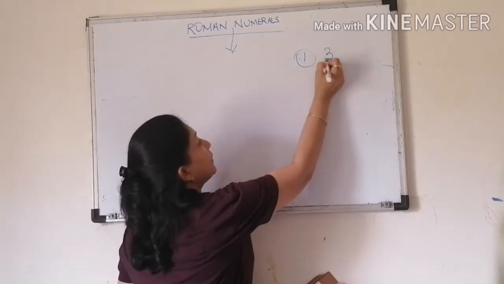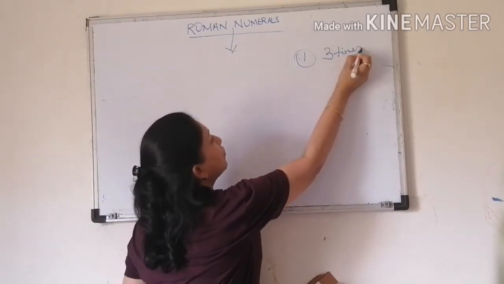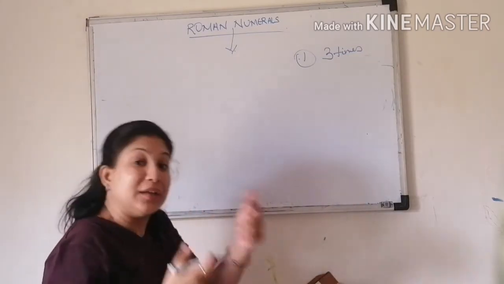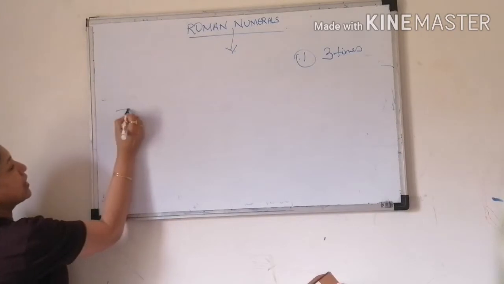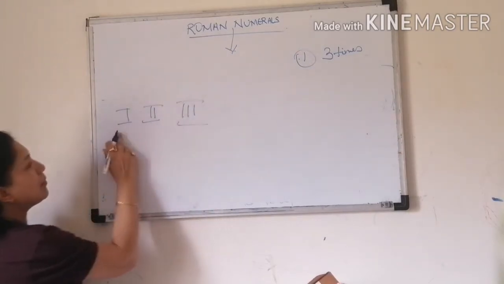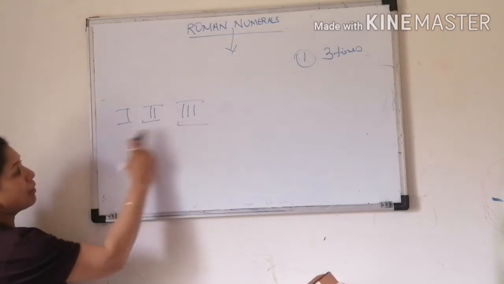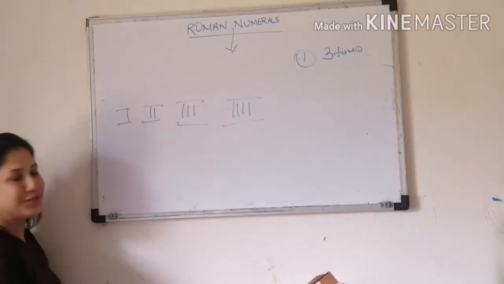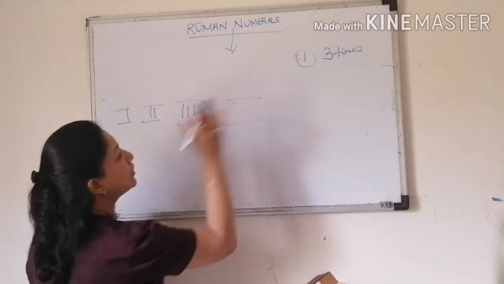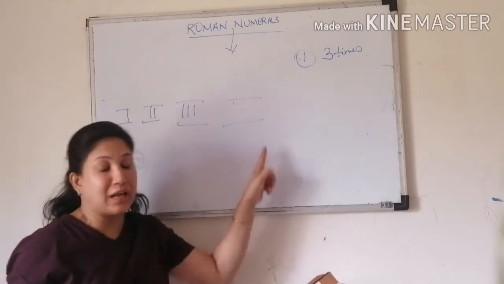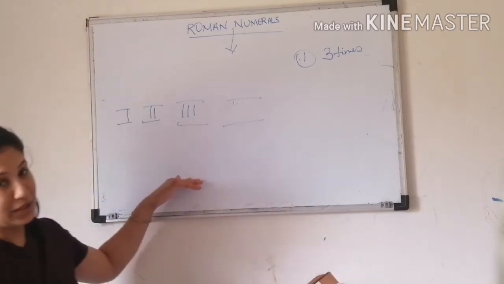Remember, 3 times only you can take the letters together continuously. That means take, for example, I, I, I, I. I am repeating the letter. But have you ever seen this type of class 4? No, because this is not the rule. We cannot repeat it more than 3 times. 3 times you can take.